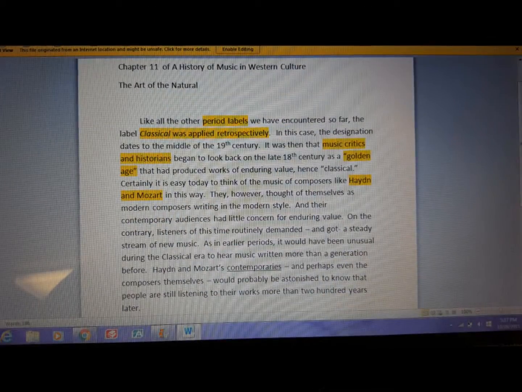Thus, this sentence would then be the first paragraph that the students would write.